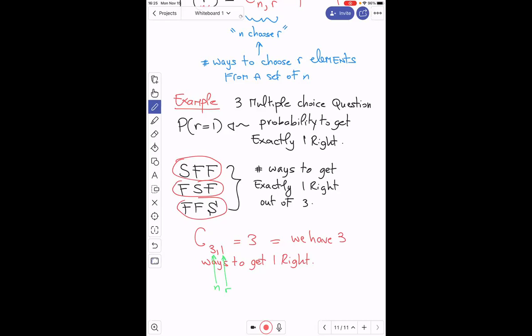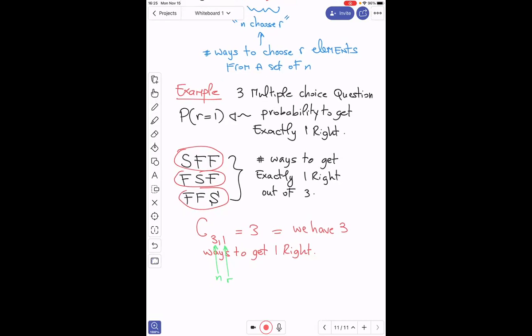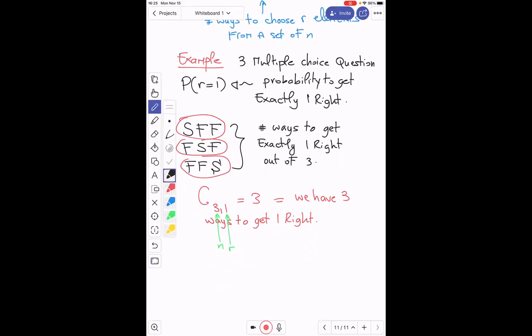So you see, you have 3 different ways to get exactly one right answer. Now, you need to compute the probability of each possible outcome. For example, you need to compute the probability of a success, then a failure, then a failure. That will be the first possible way to get exactly one right answer: you answer correctly the first, then you answer incorrectly the second and the third.